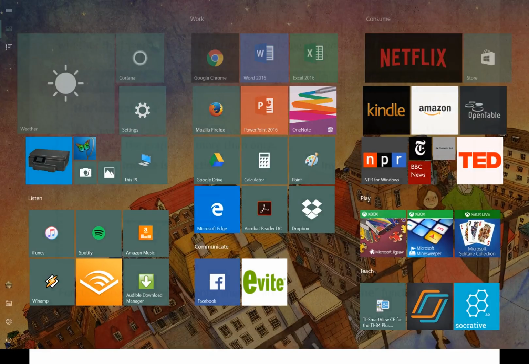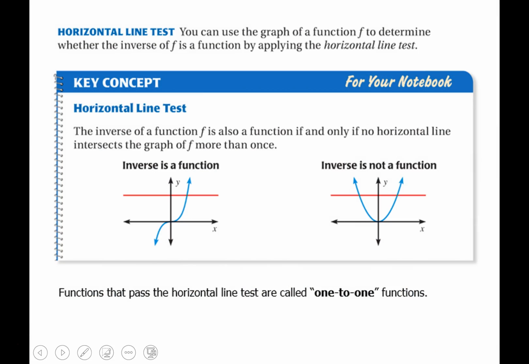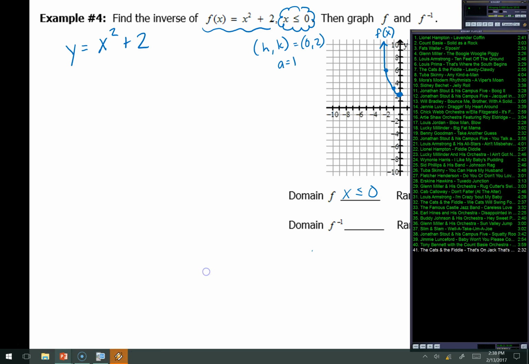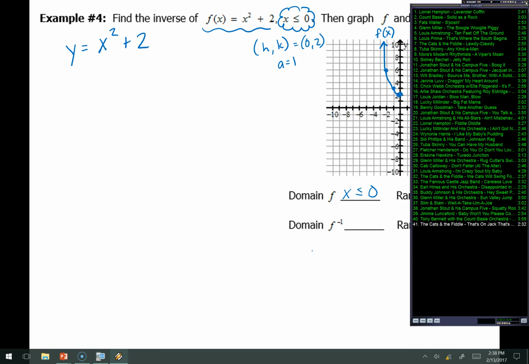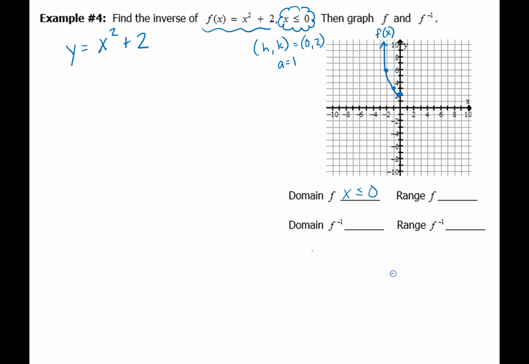So that is y is greater than or equal to 2 because it rises up from there. Okay, so now that I've got everything relating to the original function done, let's go back to the problem and find the inverse.